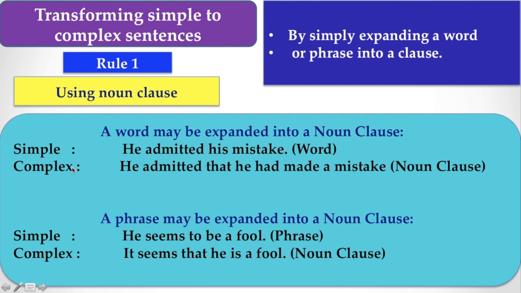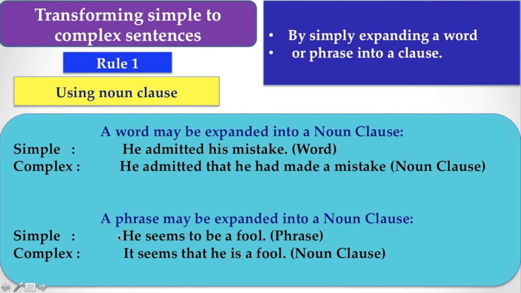When we make it a complex one, we change a word into a noun clause. That is, he admitted that he had made a mistake. Here his mistake is expanded with the help of a noun clause, that he had made a mistake.